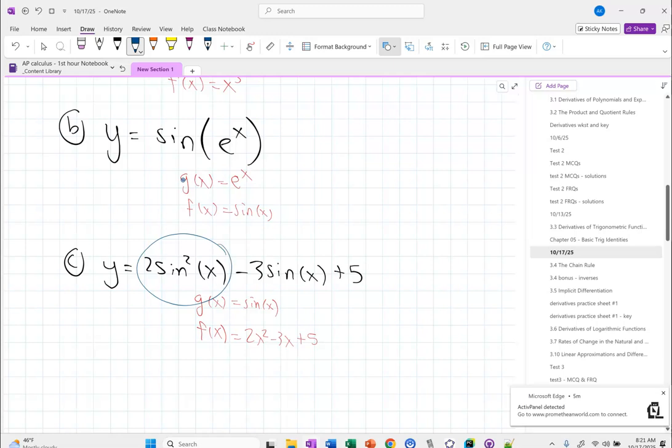That's really the only piece that involves the composition, right? We know how to do the derivative of 5. We know how to do the derivative of negative 3 sine x. 2 sine squared x is the only thing we don't know how to do. That's the only piece that's a composition. So if I think about that, what's the inner function there?